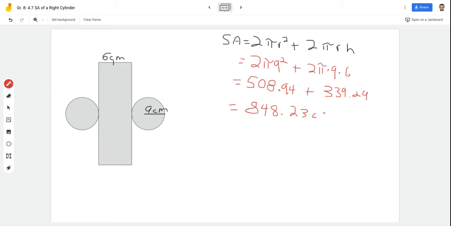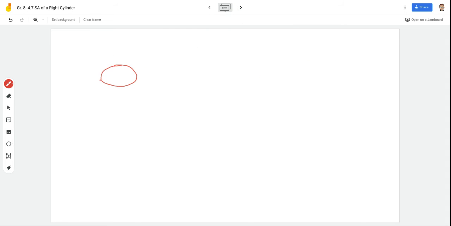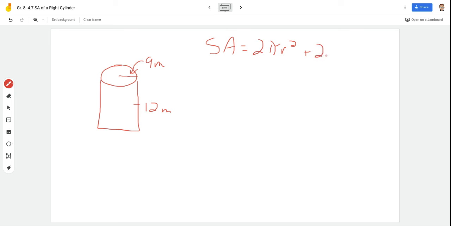848.23 centimeters squared. Now, don't forget this formula can also be applied if you have a cylinder that's already drawn. It's not going to be in the net, where we would have the height of 12 meters, if maybe it's a huge storage container, and maybe this is 9 meters. That's the radius. So even if it's in a diagram such as this, we can still use the same formula for that, 2 pi r squared plus 2 pi rh.